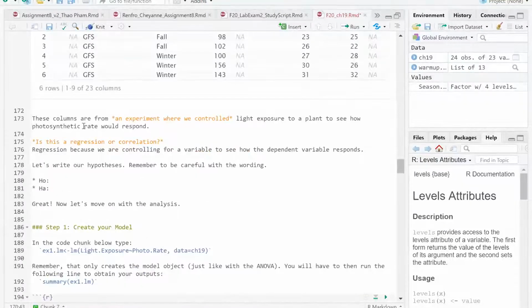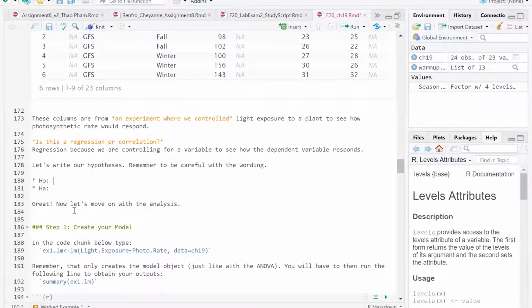These columns are from an experiment where we controlled light exposure to a plant to see how photosynthetic rate would respond. Is this a regression or a correlation? This is a regression because we are controlling for a variable to see how the dependent variable responds.